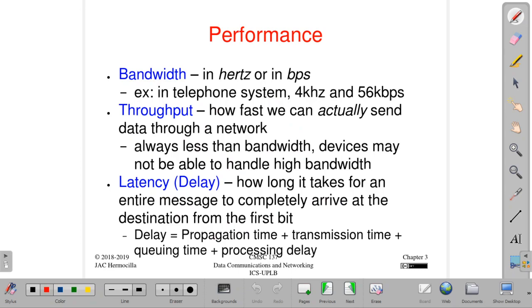Let's talk about performance. So in data communications, we are interested in performance, and we have different metrics to measure the performance. Of course, we know bandwidth, and there are two ways to interpret bandwidth. It can be interpreted in terms of hertz, or for analog or digital signals in bits per second. Hertz is useful for periodic analog signals.